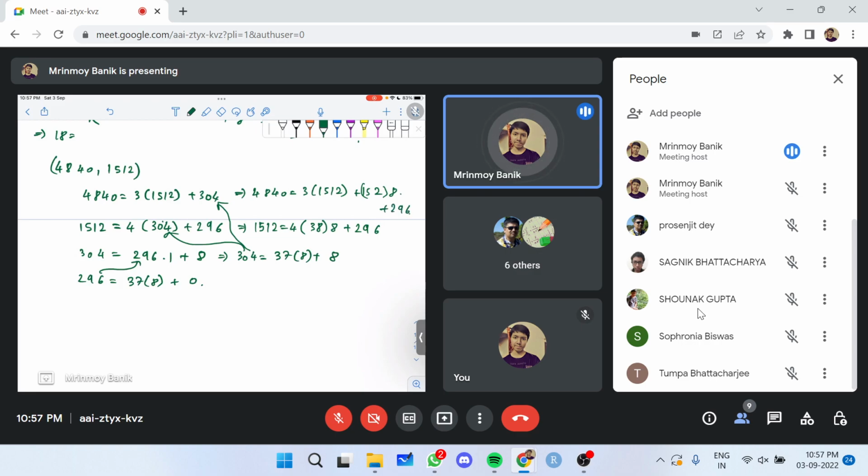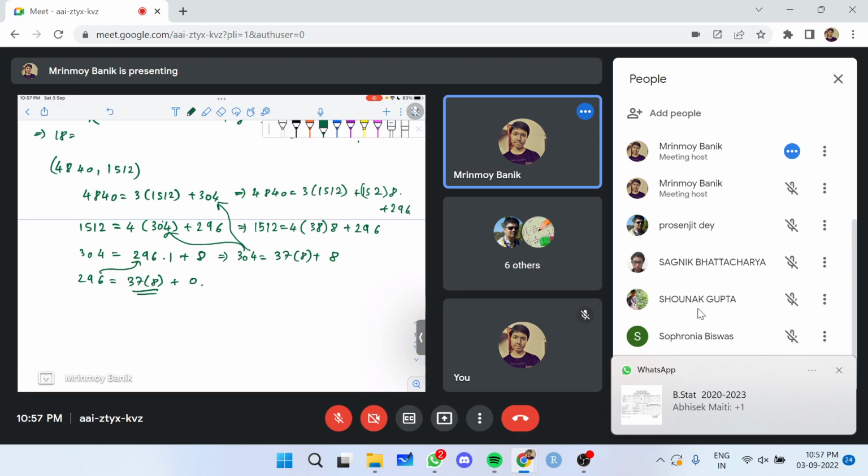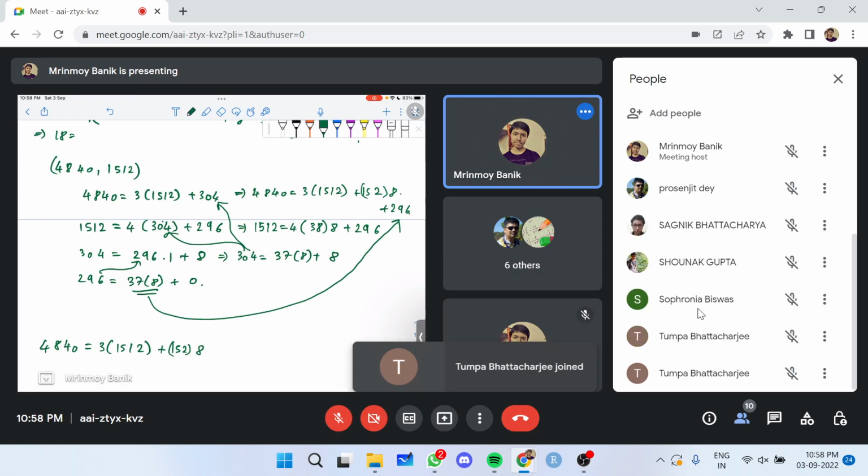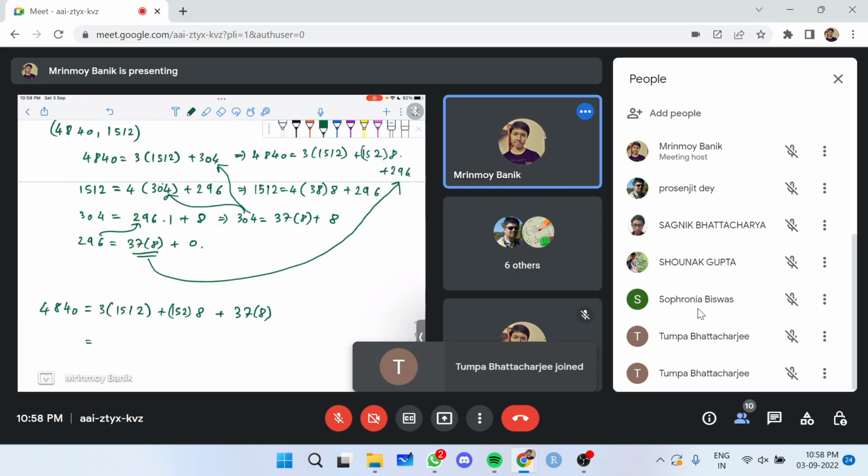And for 296 we have this equation. Substitute that. We get 4840 equals 3 times 1512 plus 152 times 8 plus 37 times 8 for 296.